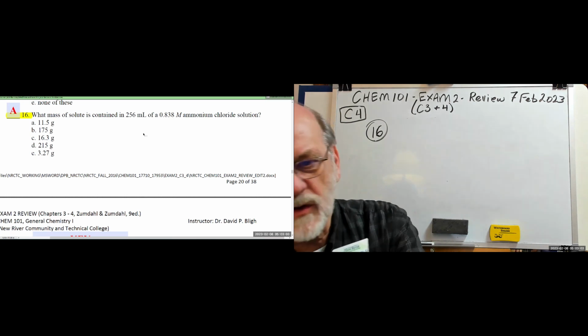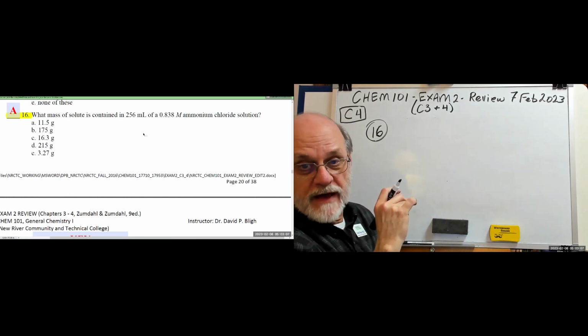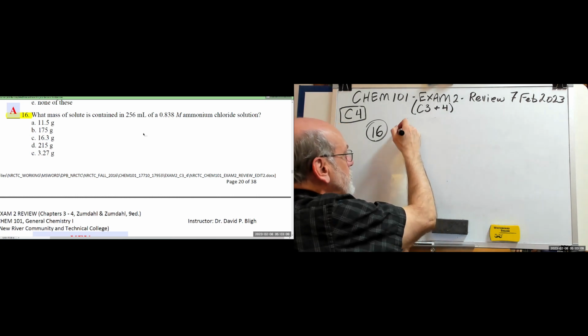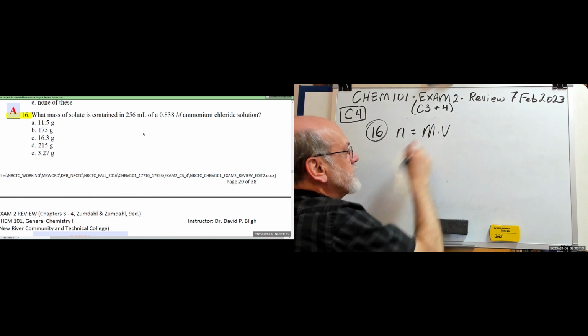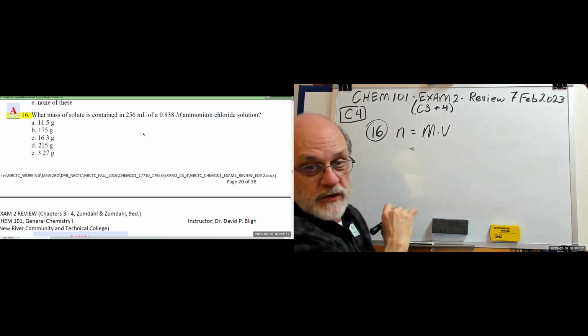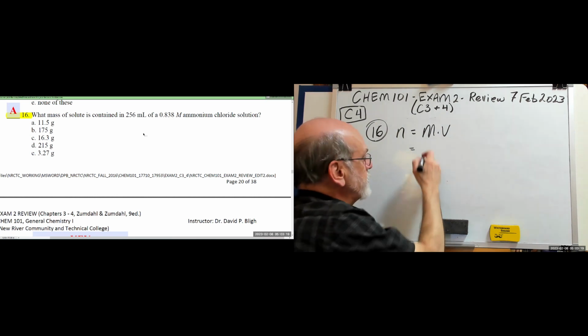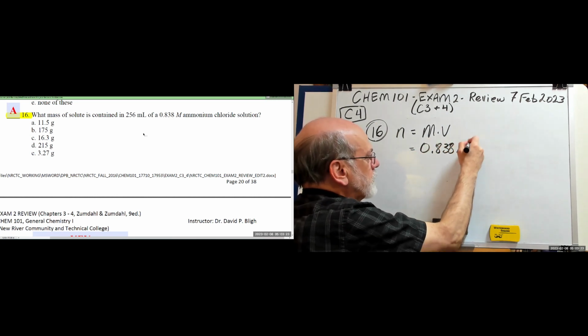So in order to find the moles, we rearrange the equation so molarity times volume gives you the moles. So that's equal to molarity, 0.838 molar.